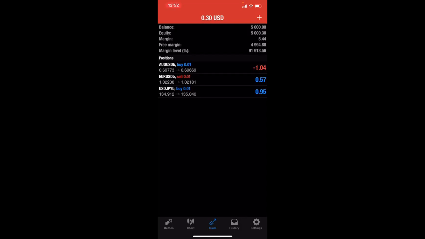So in a buy trade, for you to calculate your take profits, you add pips to your entry price. Full stop.